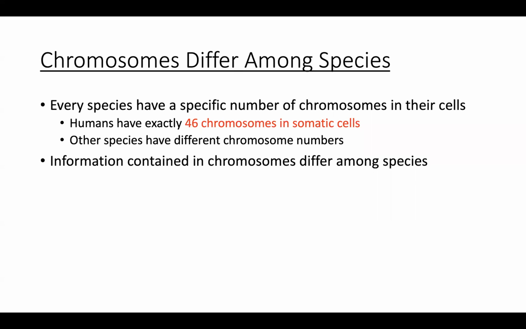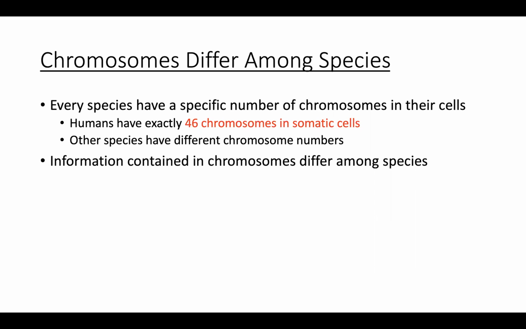Every species has a specific number of chromosomes in their cells. The number of chromosomes will not vary within a species under normal circumstances. Humans have exactly 46 chromosomes in our somatic cells, normal humans.